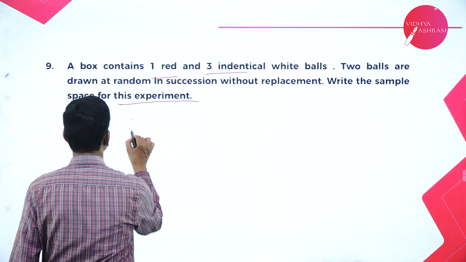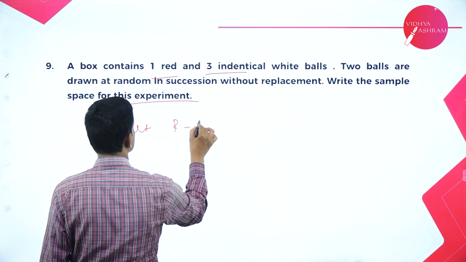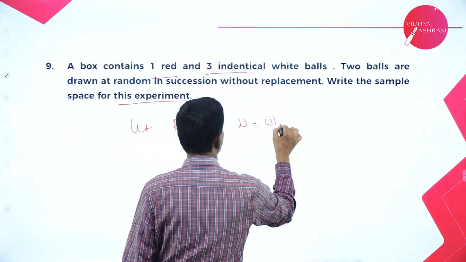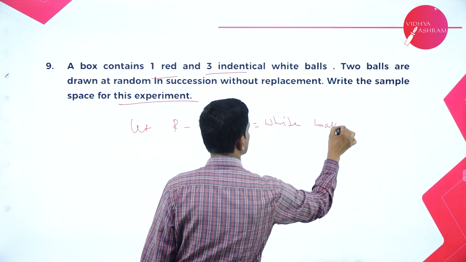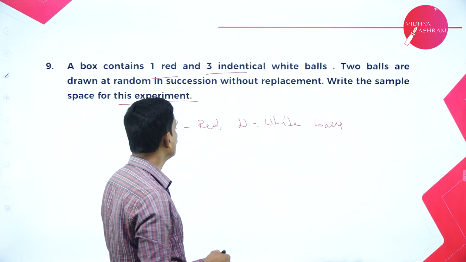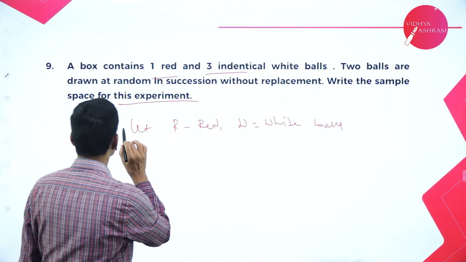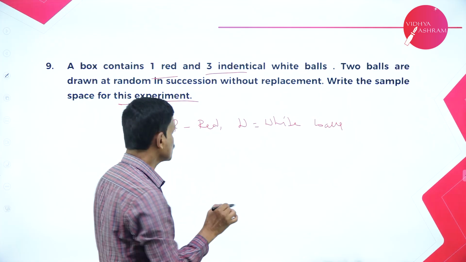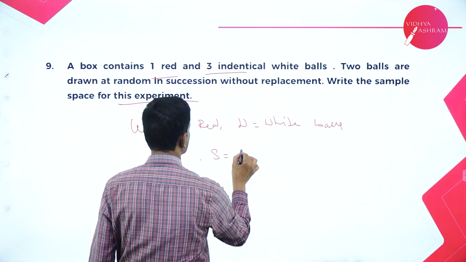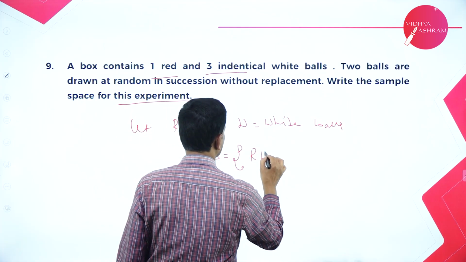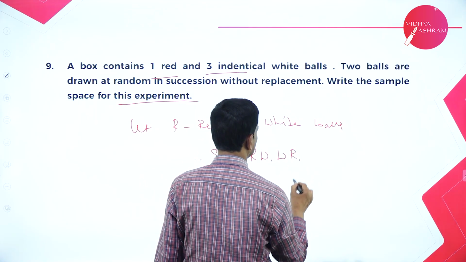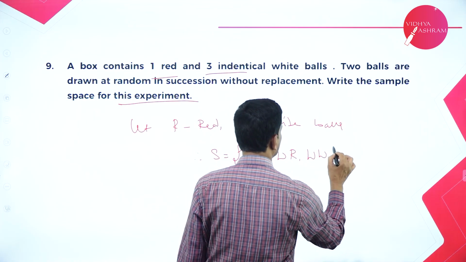Let R denote a red and W denote a white ball. Now the 2 balls are drawn at random in succession without replacement. Therefore the sample space will be S is equal to red and white, RW, then white and red, WR, and WW.